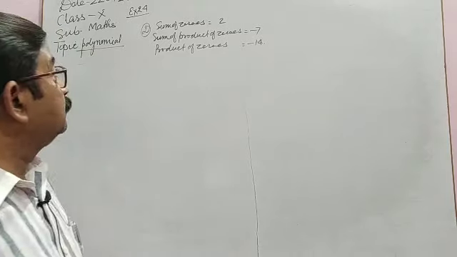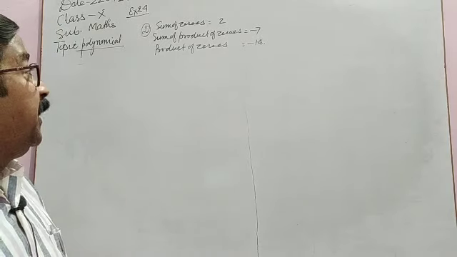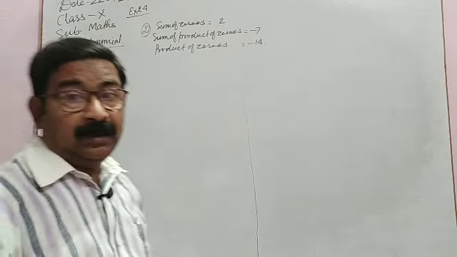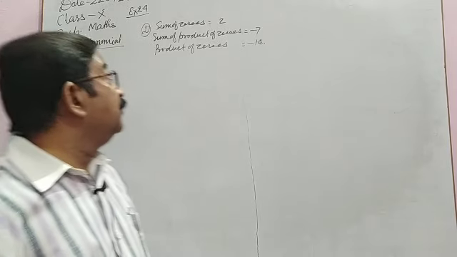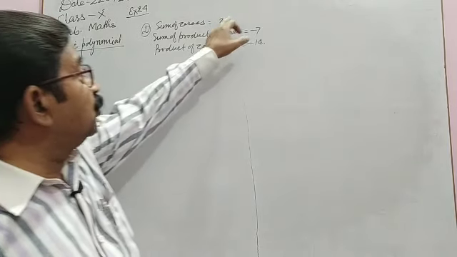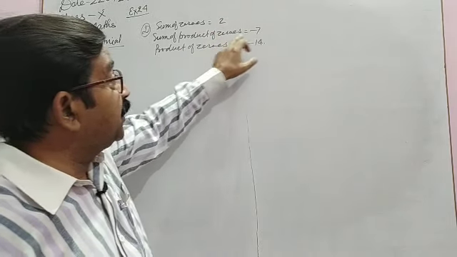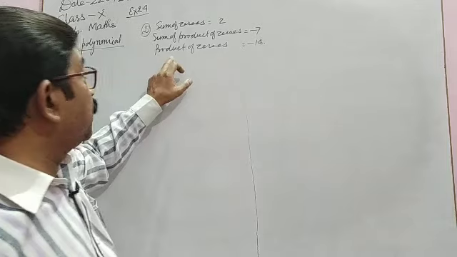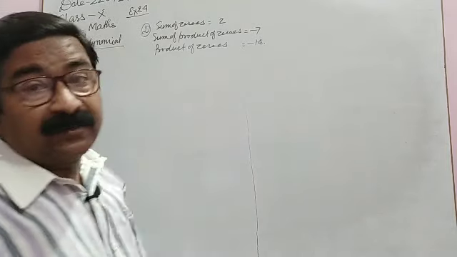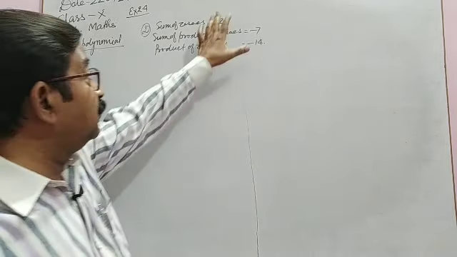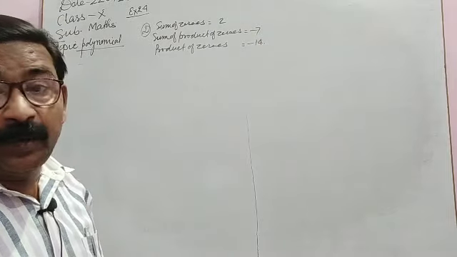we are given to obtain a cubic polynomial. What are we given? We are given the sum of zeros is 2, the sum of products of zeros taken 2 at a time is minus 7, and the product of zeros is minus 14. With the help of these three we have to form a cubic polynomial.